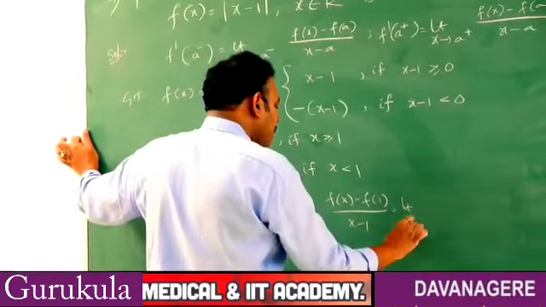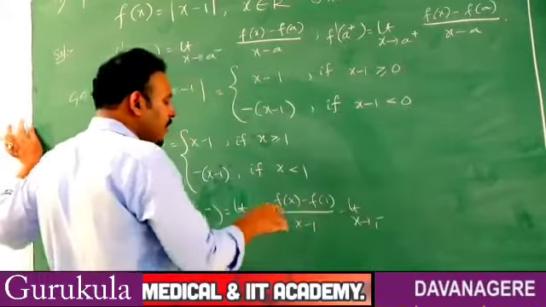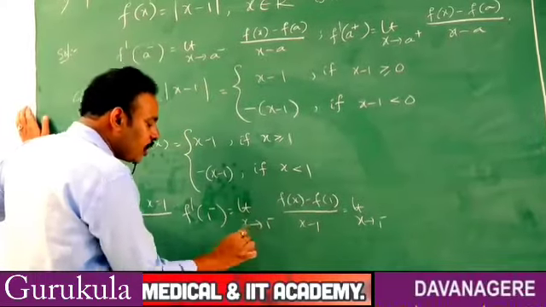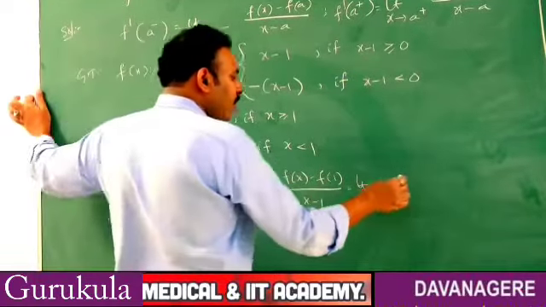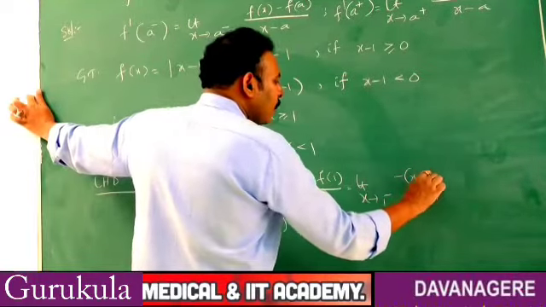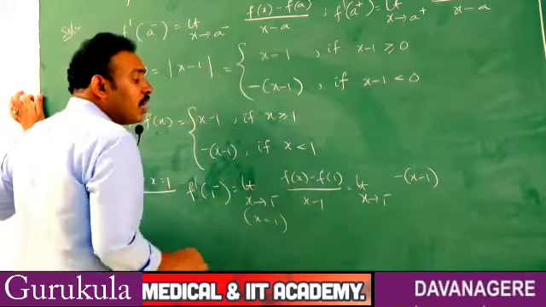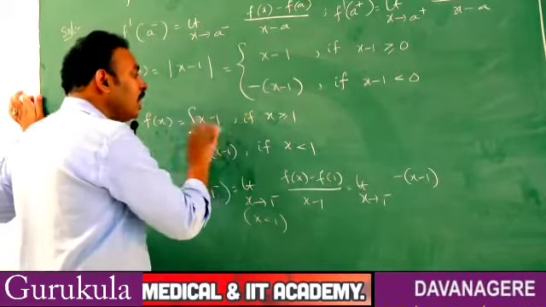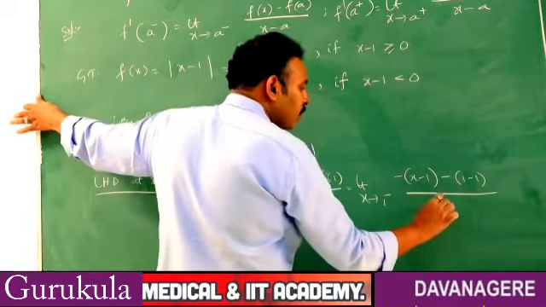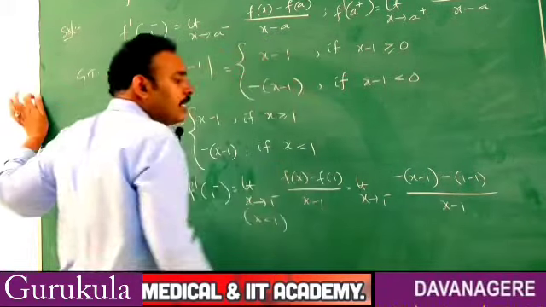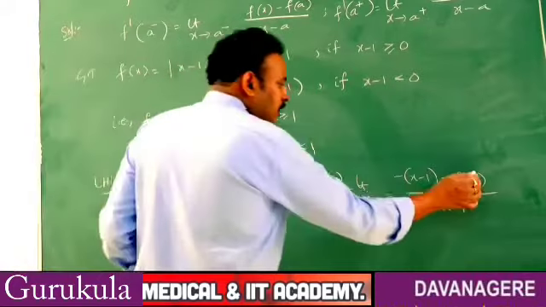Limit x tends to 1 minus, f of x: x tends to 1 minus means x is less than 1. F of x value is minus of x minus 1, and f of 1 value is 1 minus 1, by x minus 1. This is 0.